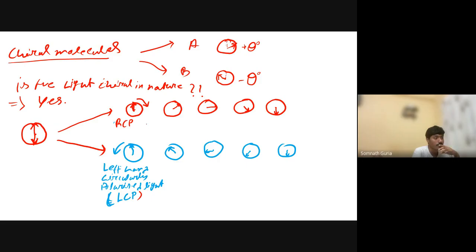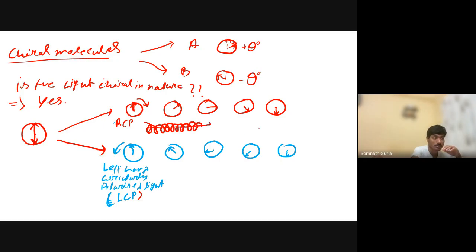So if you think about this as the proper direction of light travel, this is how the plane polarized light travels as circularly polarized light. If they are combined together, they form one direction.